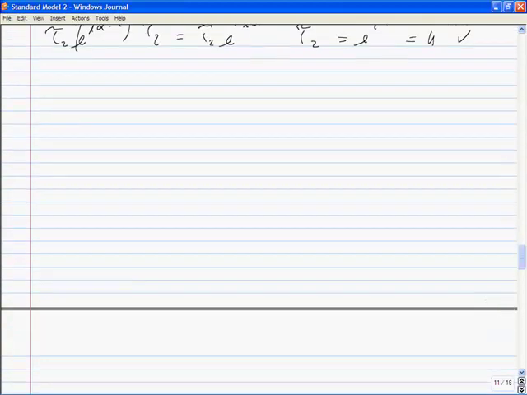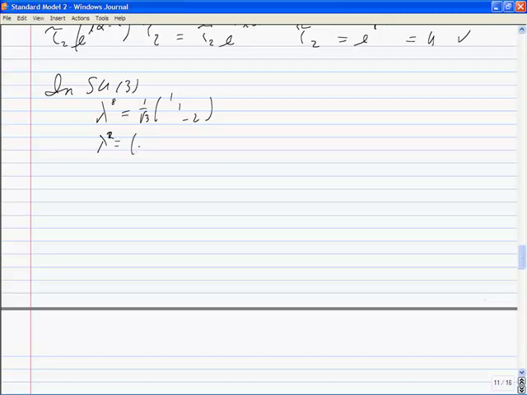Then, in SU3, let's take one, lambda 8, is 1 over the square root of 3, 1, 1, minus 2. Okay, so it's 1 in the upper components. Lambda 2 is tau 2, 0, 0, 0.